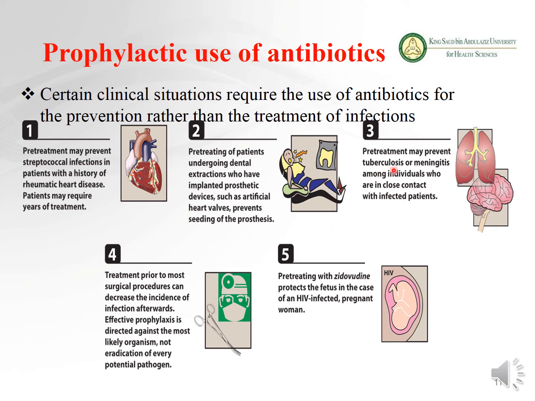Pre-treatment may prevent tuberculosis or meningitis among individuals who are in close contact with infected patients. So some people who are otherwise normal but have come into close contact with patients who have these infections are prone to bacterial infection.